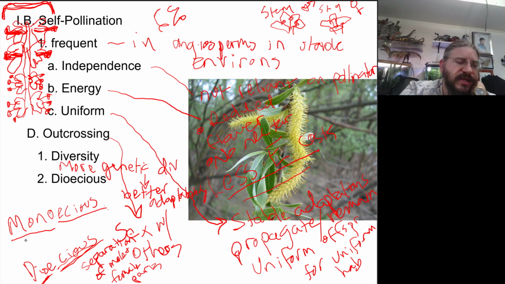Monoecious is flowers, so you have the flowers separated by sex in the same, let's just call it physiological location, spot on the plant.